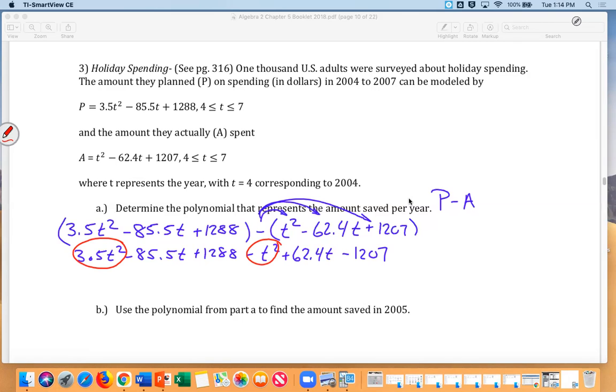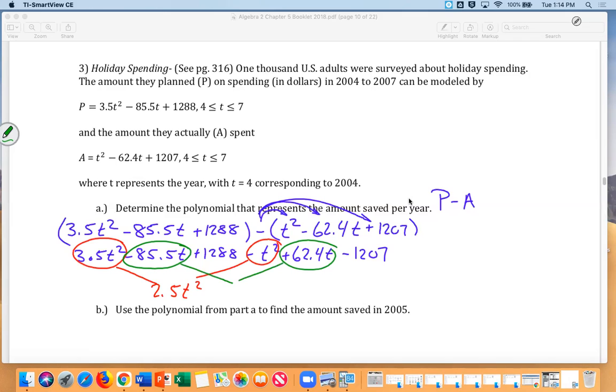So 3.5 T squared minus T squared, that's going to be 2.5 T squared. And then I'm going to group together my T's.